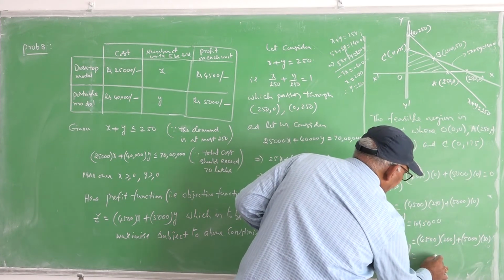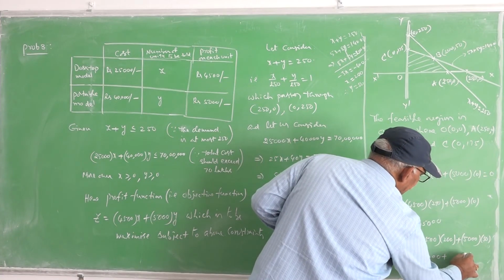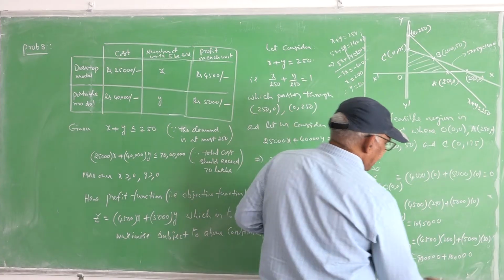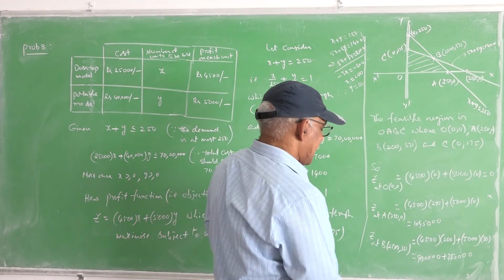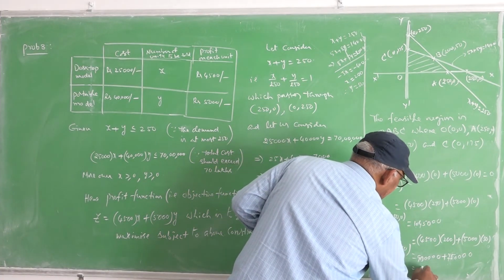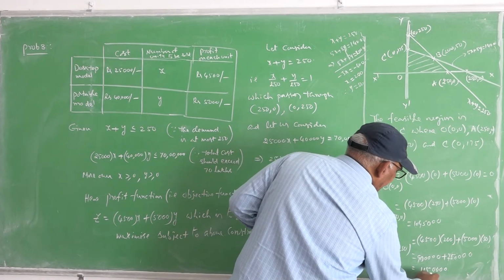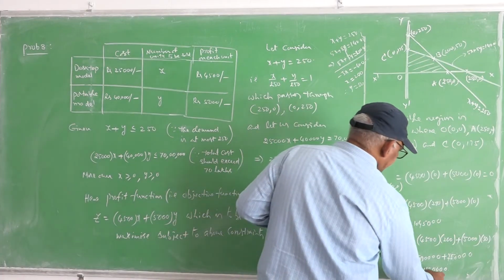This is 9 lakhs plus 2 lakhs 50,000, which is 11 lakhs 50,000.